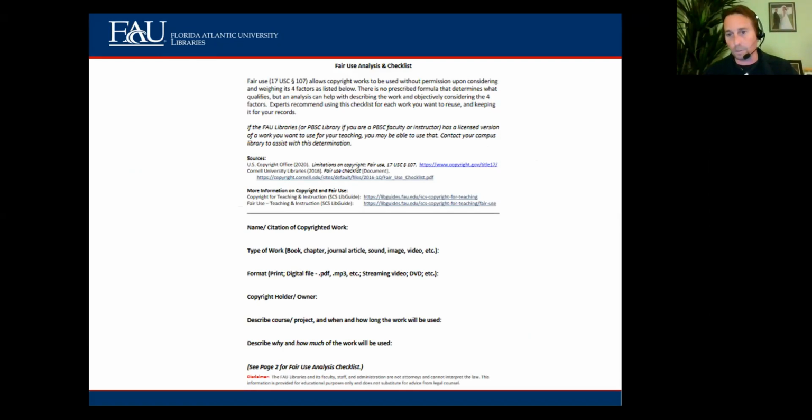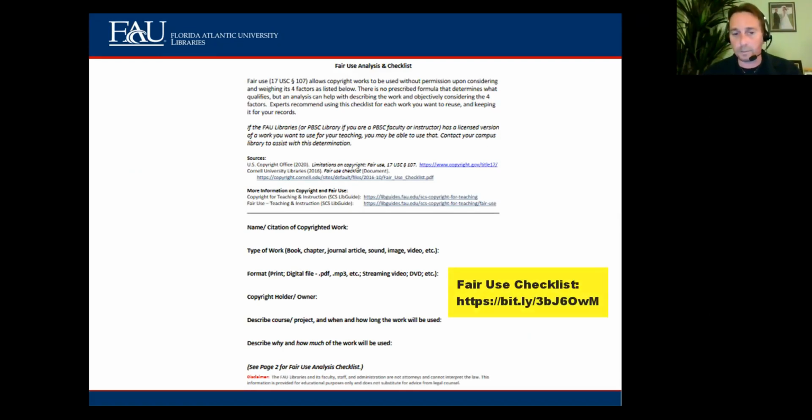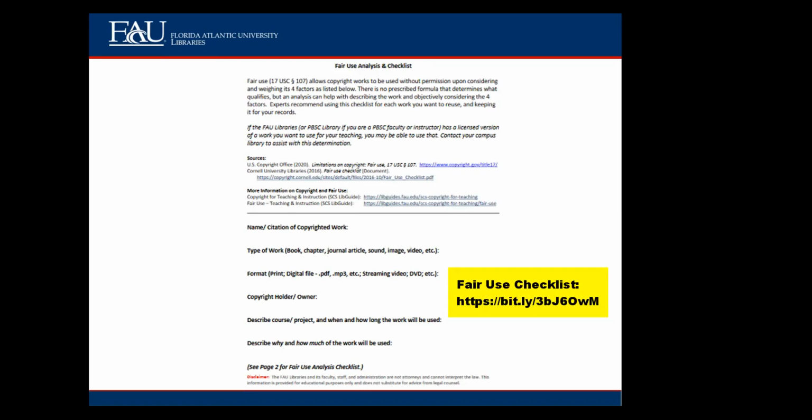I don't know if you want to talk about this. This is the checklist. Yes. So we're going to talk about the cases today, but one of the things that I wanted to let everybody know about was the fair use analysis and checklist form that is available for everyone. This is a form that is based on the Cornell University fair use analysis checklist, and also some information passed along by Kevin Smith, library attorney, and others that he works with.